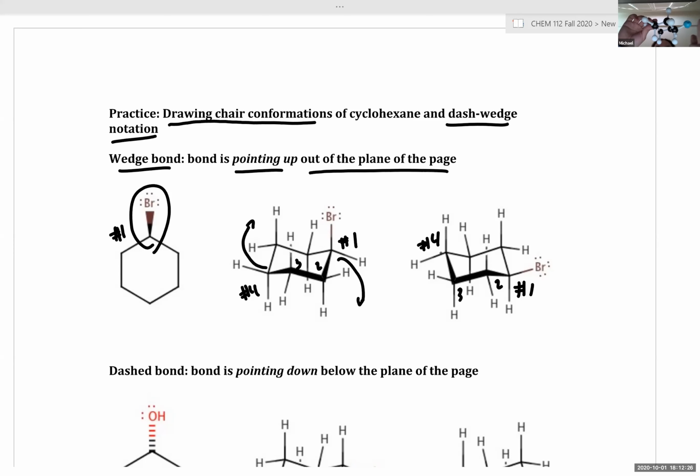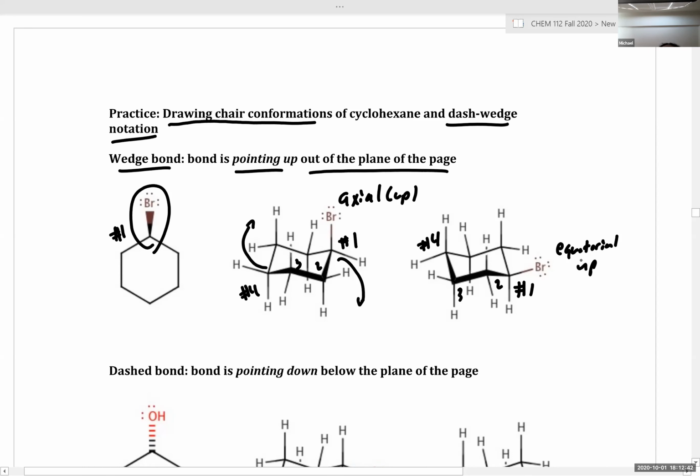Yes, except this time in our other chair conformation, it is now equatorial. So in our two chair conformations, we'll either have the axial up bromine or the equatorial up bromine. It's really important that you respect the stereochemistry, the relative position of the bromine, whether it's above or below the plane of the page, and that you respect the connectivity of atoms.